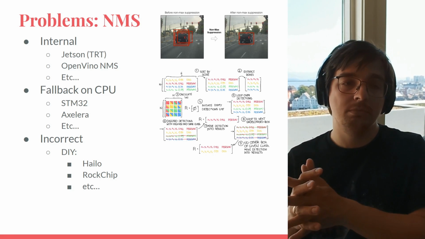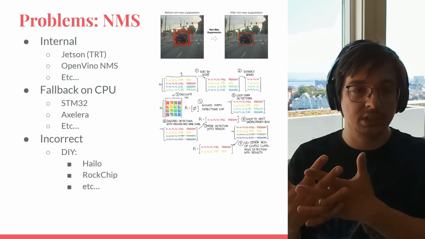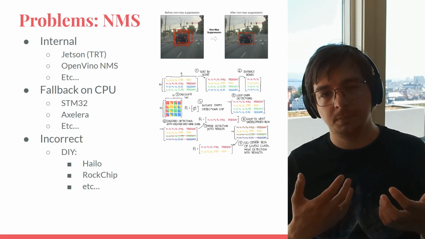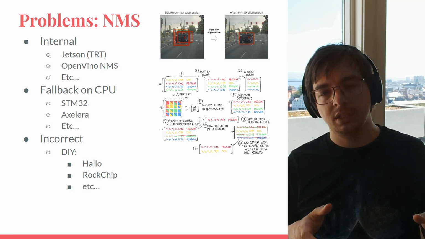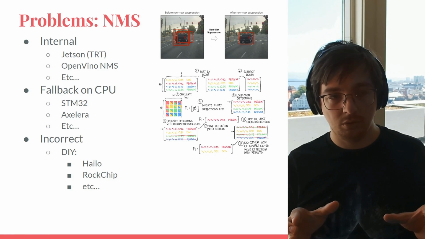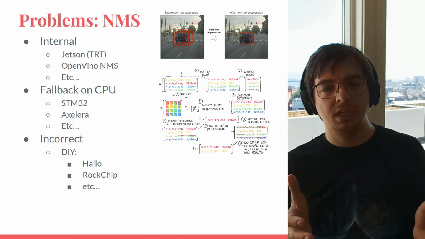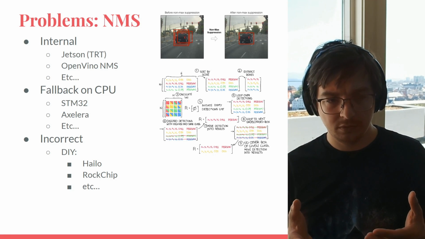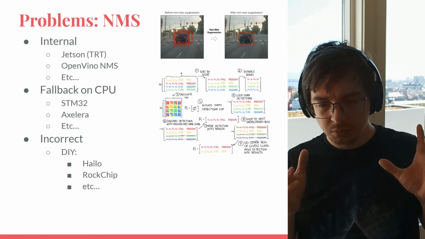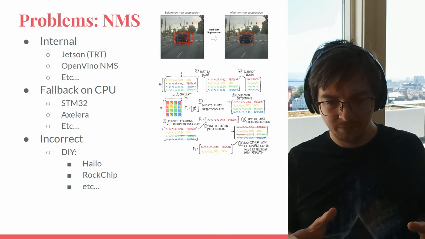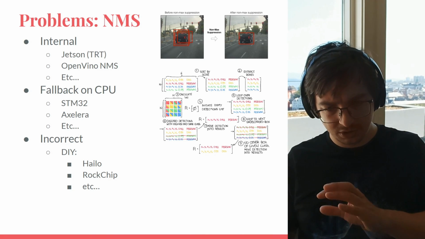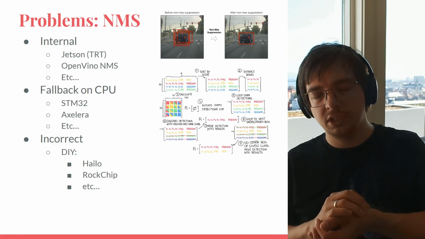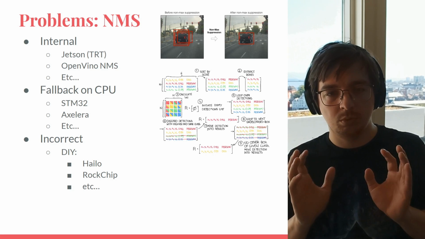But some vendors allow some internal fallback onto their own CPU or GPU to perform all this NMS logic. For example, with Jetson or Intel OpenVINO, you will not even think about the NMS process, because if there is a correctly installed layer in your model, everything works perfectly.